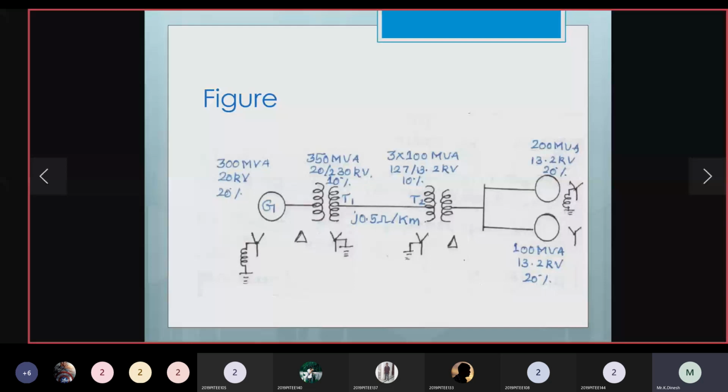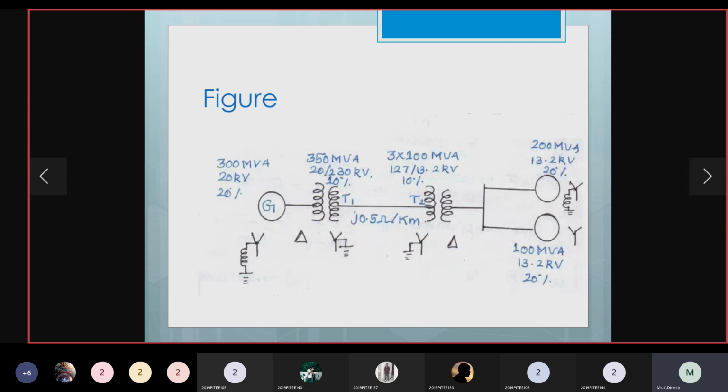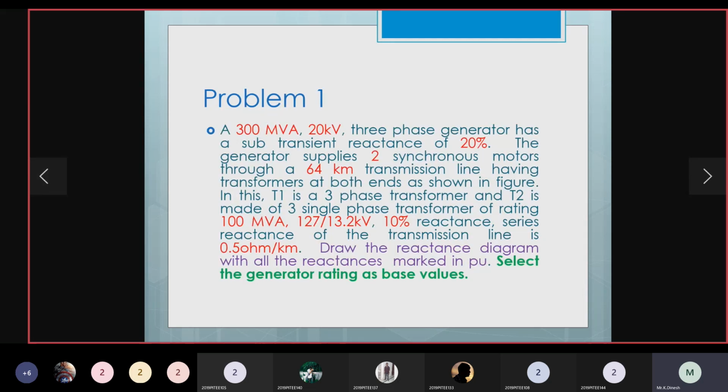Their corresponding ratings are given. T1 is a 3-phase transformer with ratings 350 MVA, 20/230 kV, and reactance 10%, that is 10 by 100, which is 0.1. The next one is the T2 information. T2 is made of 3 single-phase transformers, each of rating 100 MVA, 127/13.2 kV, 10% reactance.